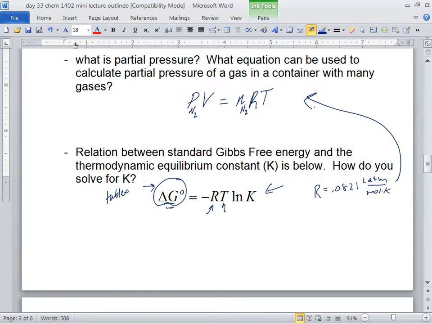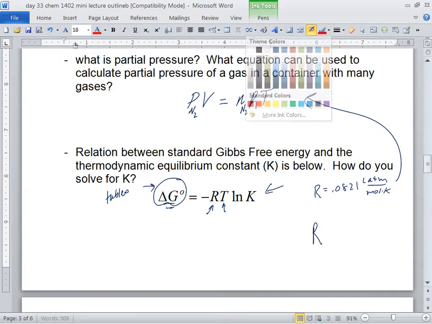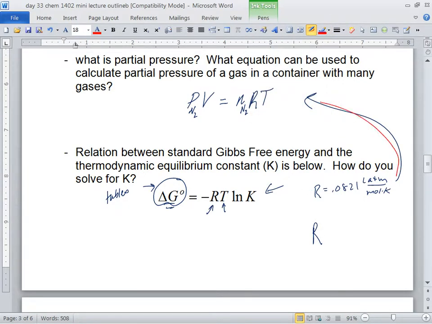Remember on the top of the table? It was kilojoules per mole, joules per mole, something like that. There's no joule in here. Don't pick this R then. You're going to have a fun time doing converting. I would pick a different R for this equation. I would not use that one for this equation. I would use it up here, but I would not use it for this one. No way. That one's okay.